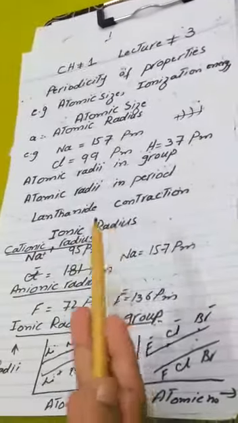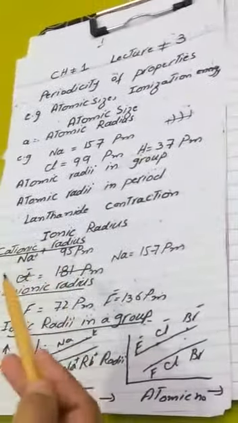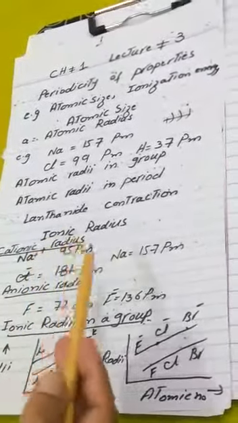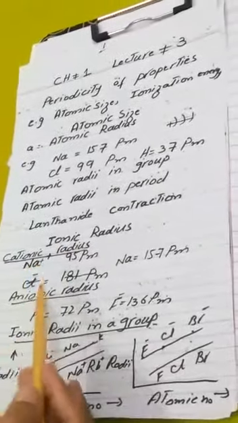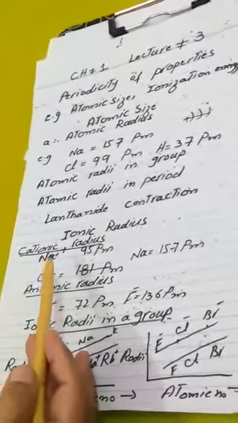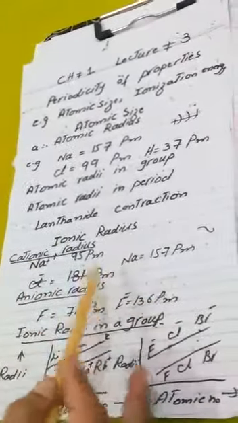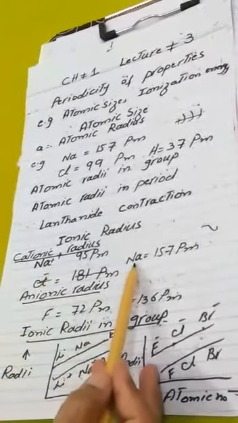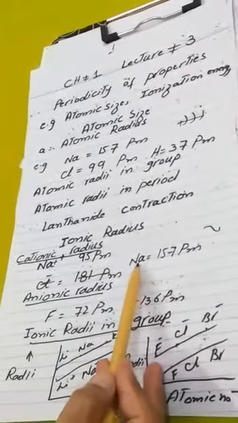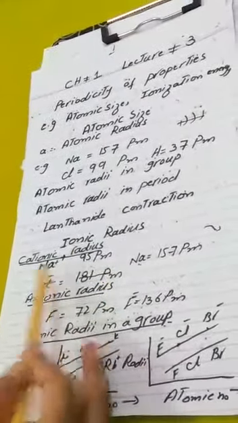This was for neutral atoms. Now we discuss ions. As you know, dear students, ions are of two types, cations and anions. A cation is formed by the removal of electrons, so the size of a cation is less than that of its parent neutral atom, as in sodium and sodium ion.